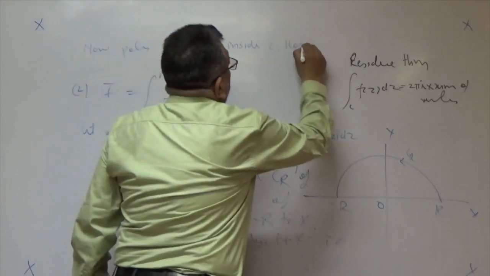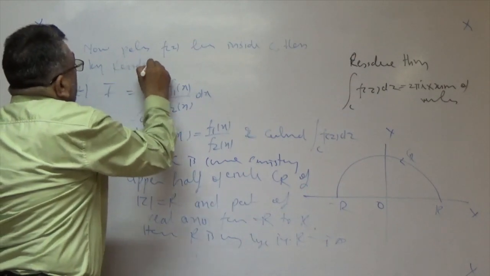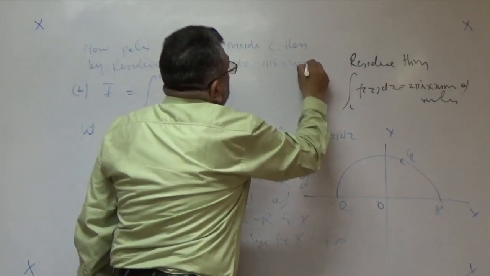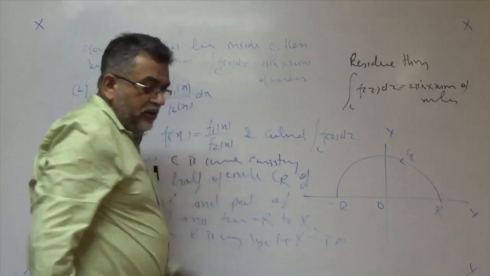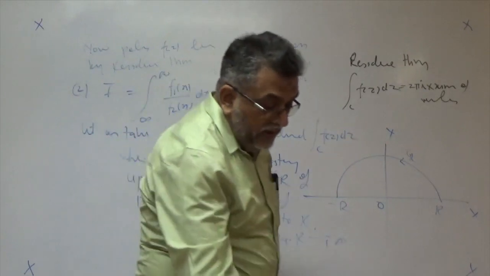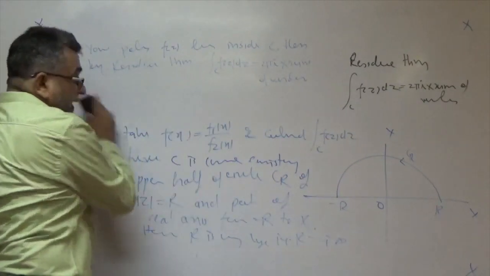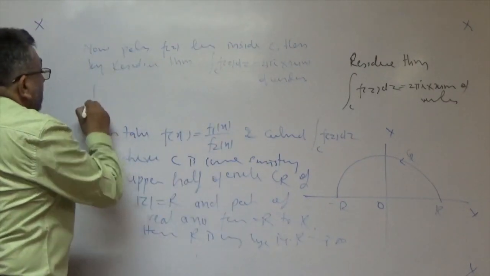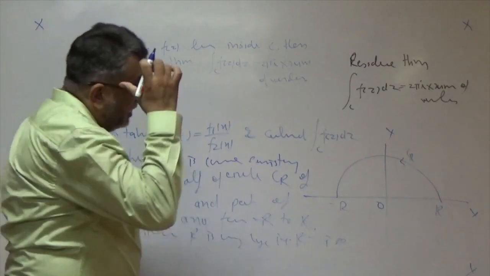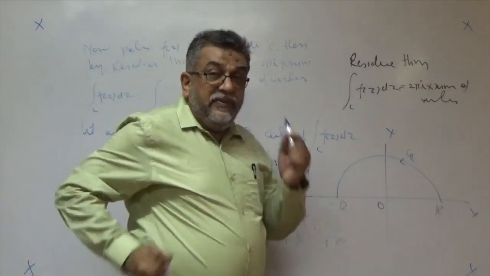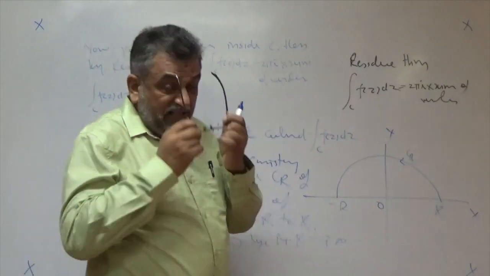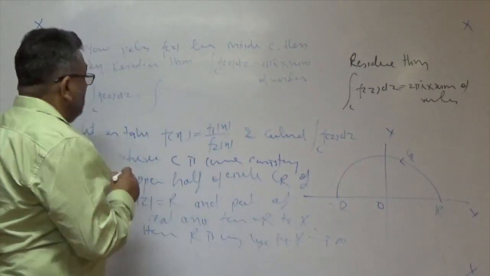Then by the residue theorem, the integral over C of f(z) dz equals 2 pi i into the sum of residues. Now, because C contains two parts, one is CR, the upper half of the circle mod z equal to R, and the second is the part of the real axis lying between minus R and R, this integral will be in two parts.